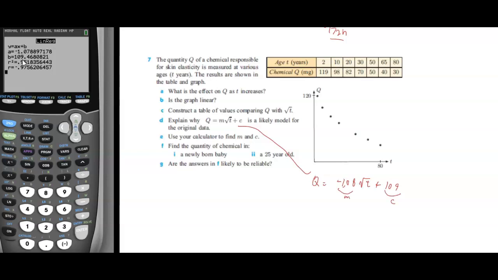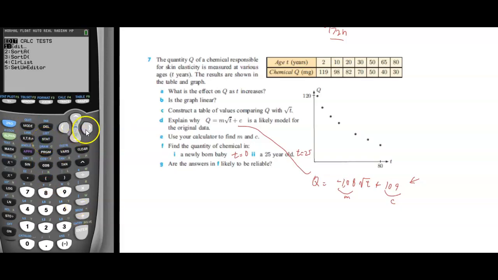Find the quantity of chemical in a newborn baby and a 25-year-old. So now what they want us to do is use this equation to find the Q for a newborn baby, which would be t equals 0, and t equals 25. Okay, and then we're going to do that by substituting in. Oh, by the way, what was our r value?